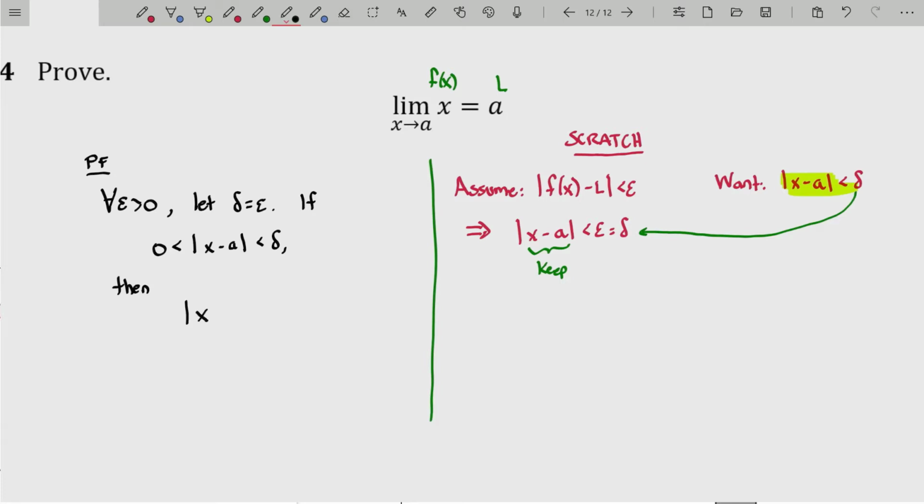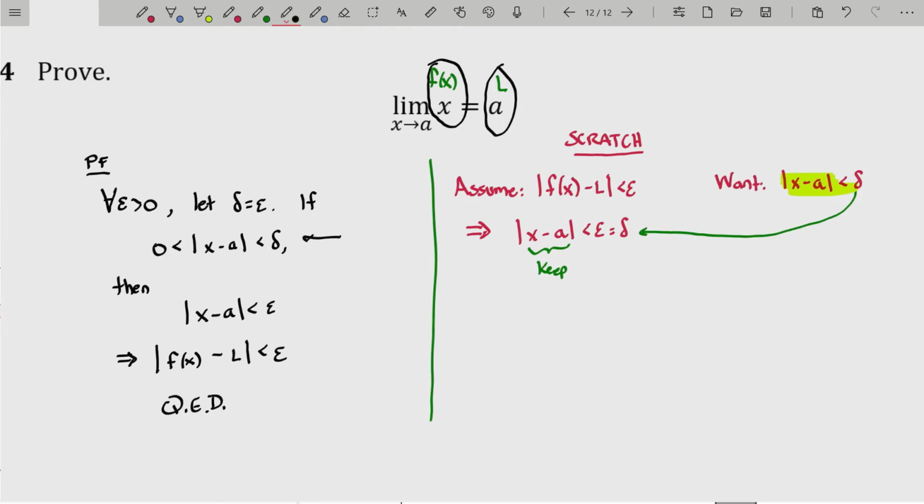What can I say? And so, therefore, it must be less than epsilon. But x is my function, right? And a is my limit. Done.